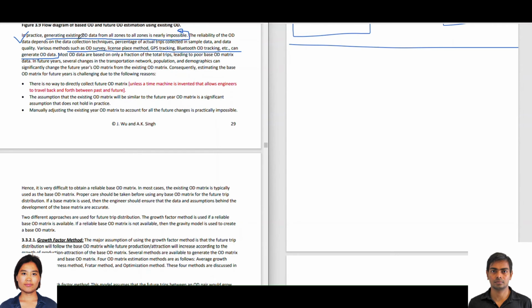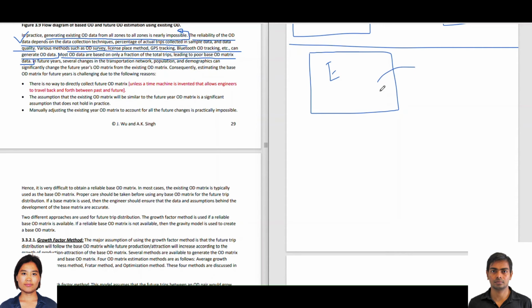The reliability of OD data depends on the data collection techniques, the percentage of actual trips collected in the sample data, and the data quality. Most OD data are based on only a fraction of total trips, leading to poor base OD data. So what we have is not the actual existing OD matrix, we have an estimated existing OD matrix, which we try to take forward for the future and call it the base matrix using some adjustment.